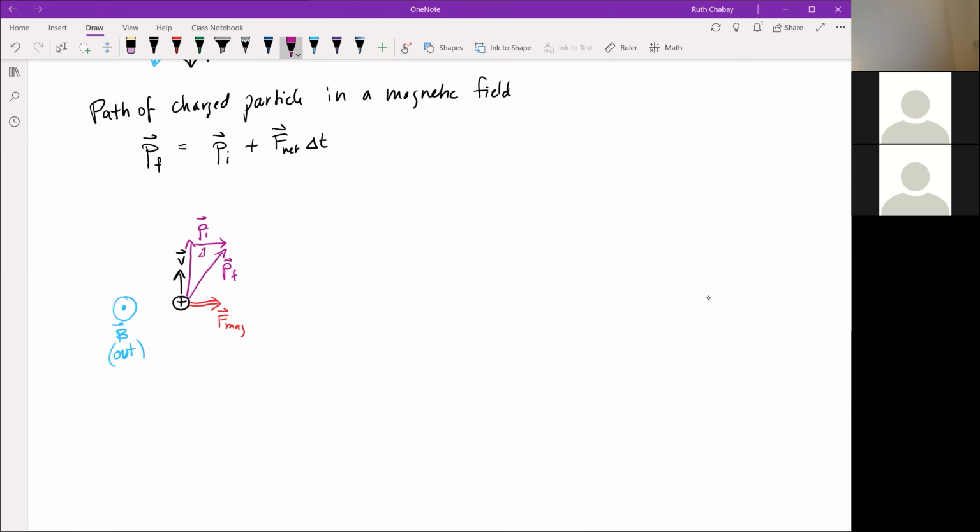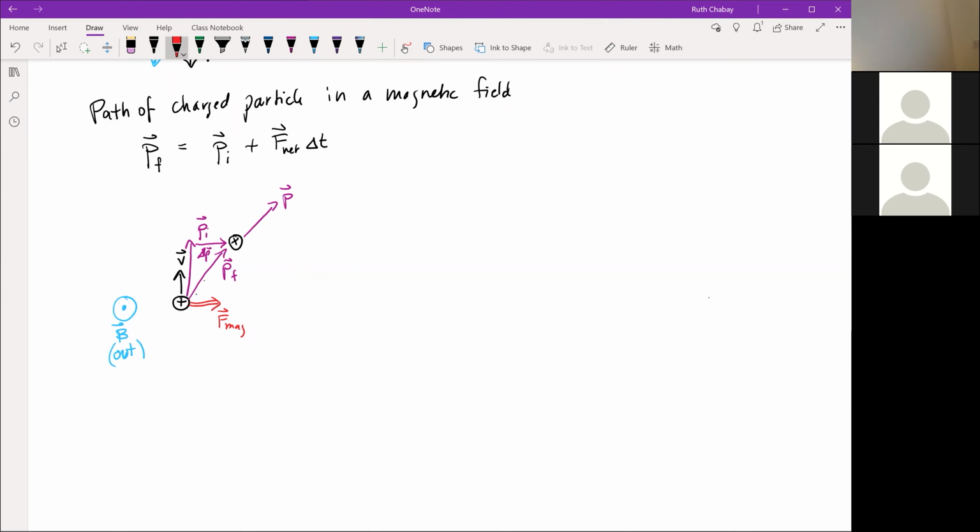Call that delta P. Well, the particle moves this way for a while, and now it gets to here, and it's moving here with momentum in this direction.